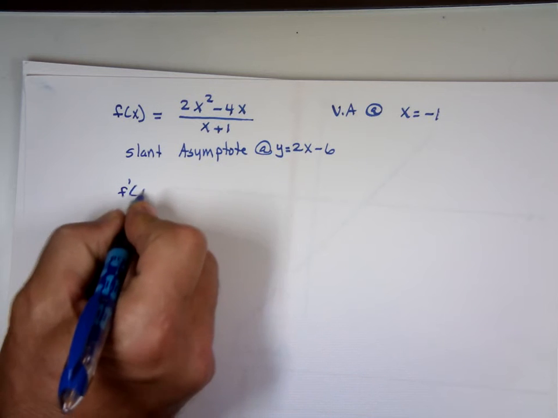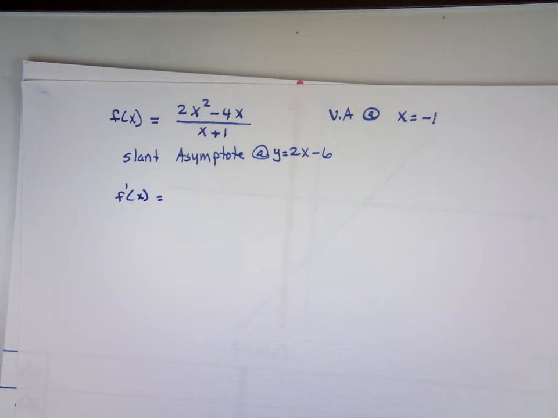So the derivative of this, I don't write it yet. 2x squared minus 4x divided by x plus 1, according to my calculator here.